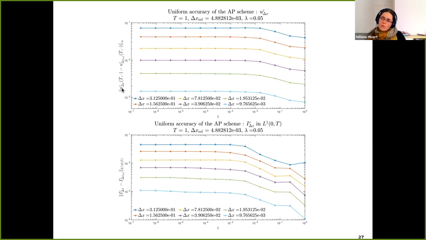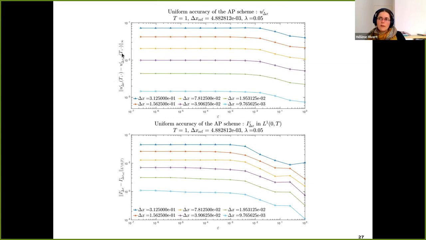So you plot the solution of the scheme S epsilon. So the error: for given dx and given epsilon, you compute the solution of the scheme S epsilon.